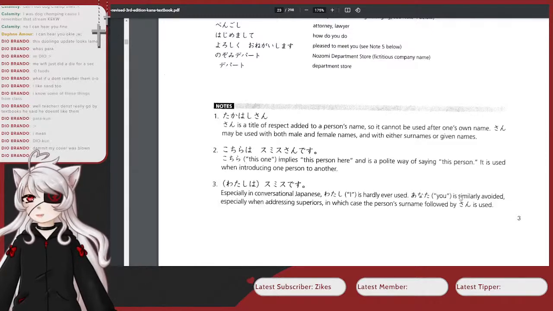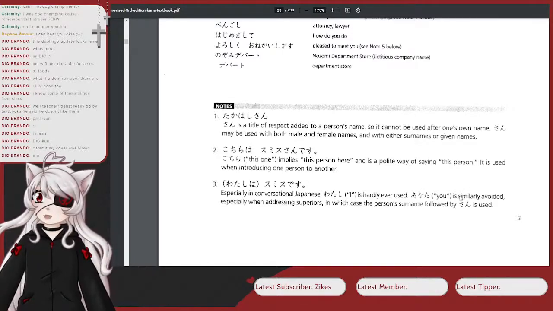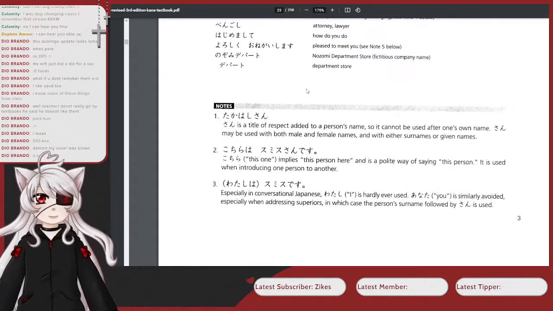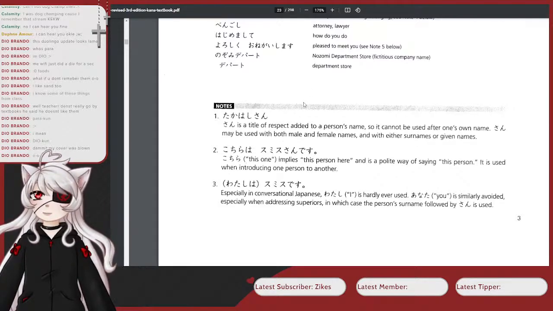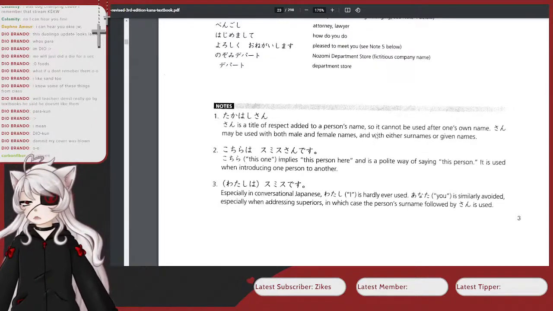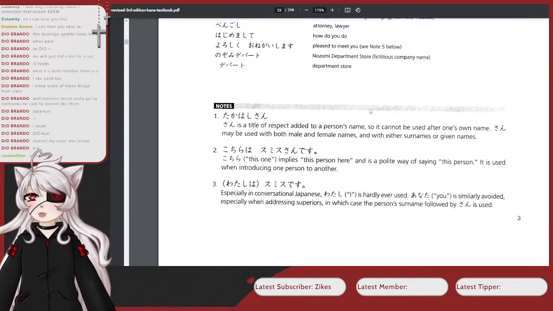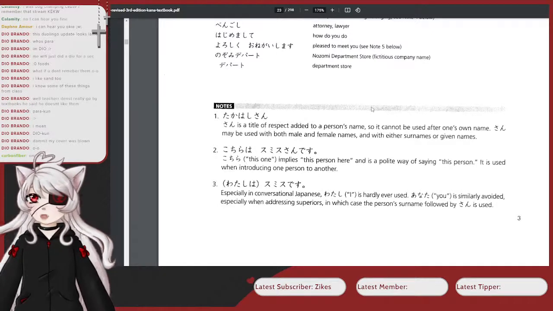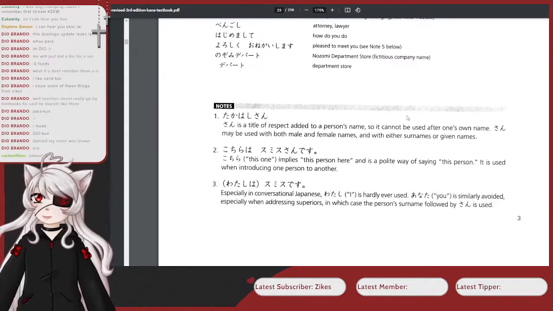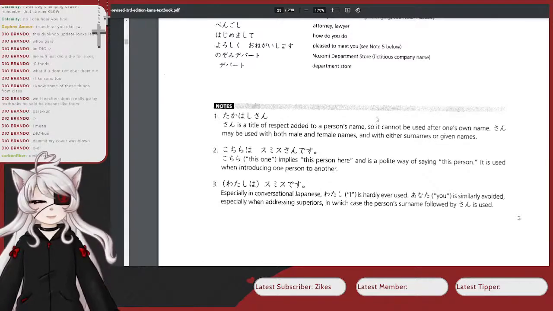They probably will not appreciate that at all. It's common practice to refer to someone as either their last name, san, or their job, or their position relating to you. So senpai, sensei, kohai, those kind of things.